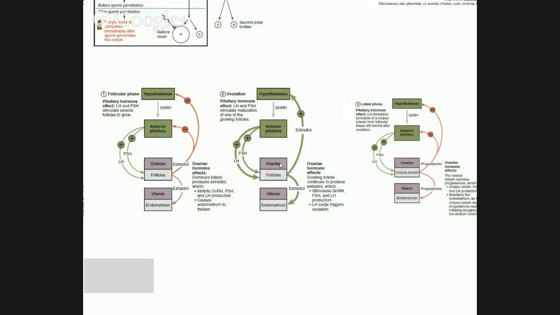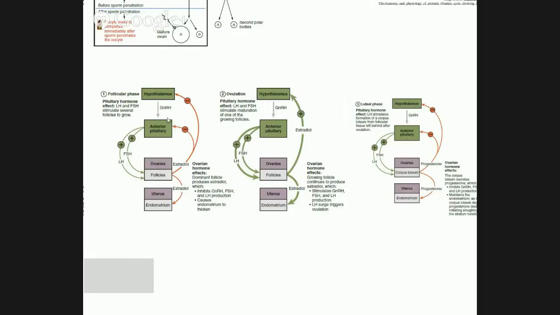But then when the concentration of estradiol gets very high in the blood, which is going to be around day 12 or so, then it switches from being inhibitory to being an activating signal, and the hypothalamus releases a little burst of GnRH again, which then tells the anterior pituitary to release the hormones that it's been saving up.